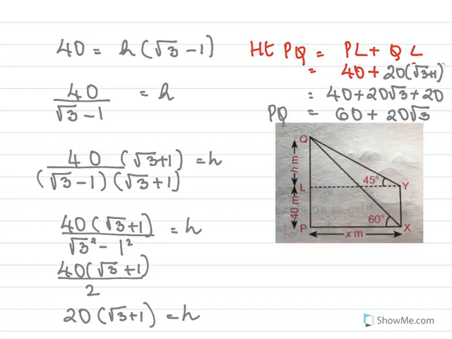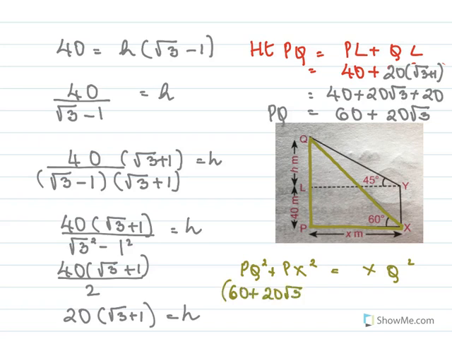Next we have to find XQ. We'll use Pythagoras theorem to find XQ. So we can write PQ square plus PX square equal to XQ square. Now PQ we already found is 60 plus 20 root 3, the whole square.